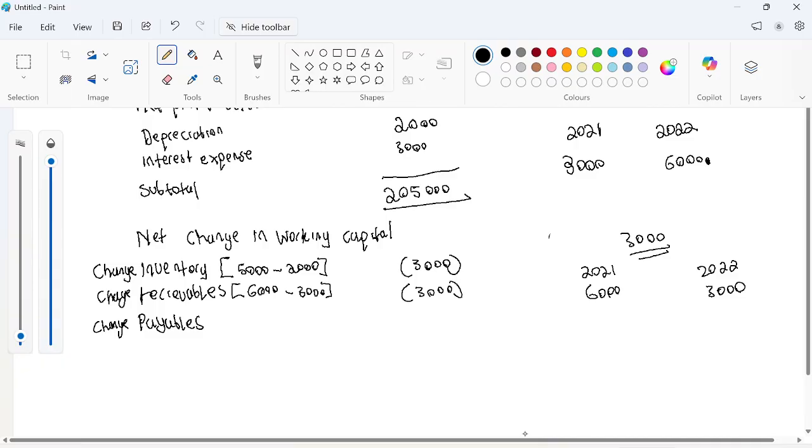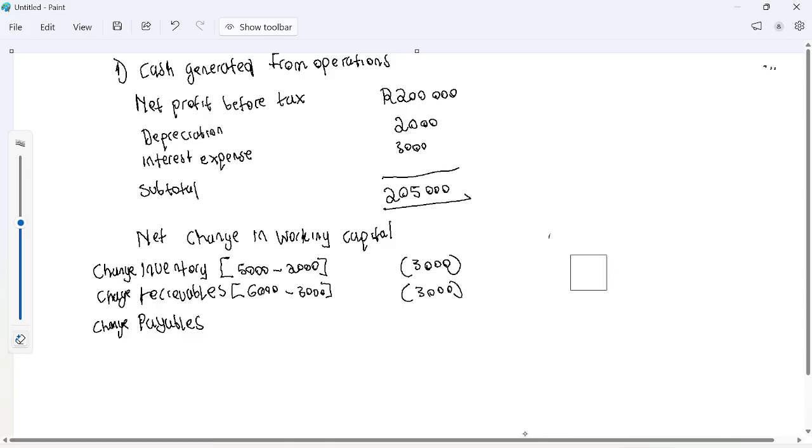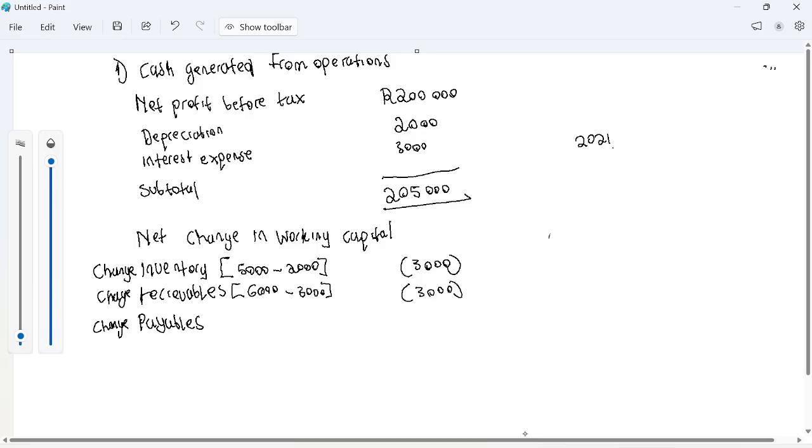So with payables, guys, I want you to interpret it as if you are taking out a loan. You know that when you're taking out a loan, it means that you are receiving money from whatever bank gave you a loan, right? So for example, maybe in 2021 you had nothing, and in 2022 your loans increased to 5,000.